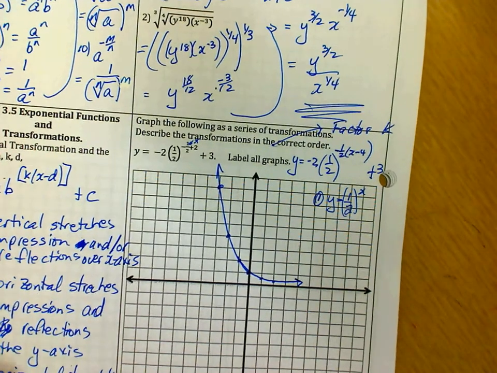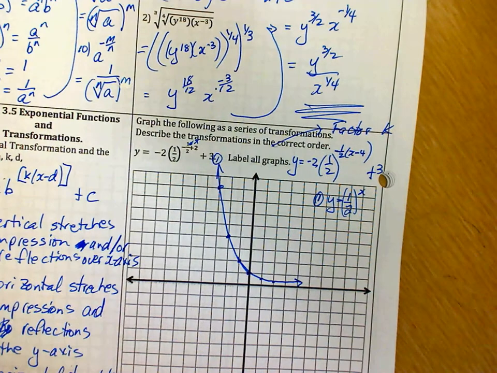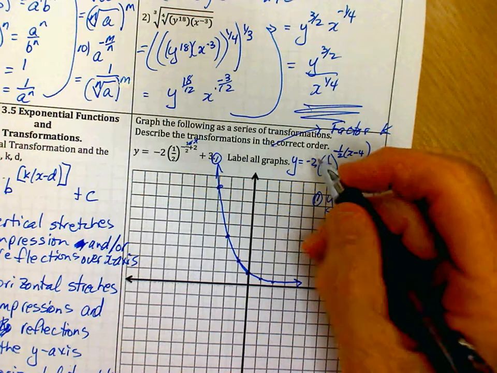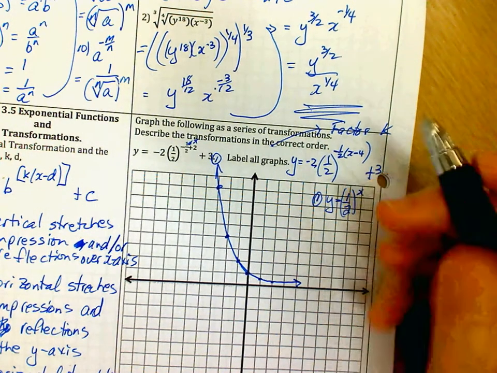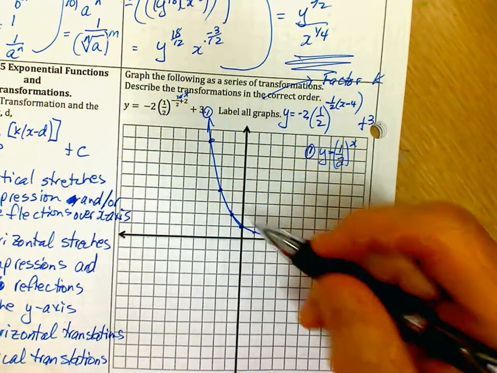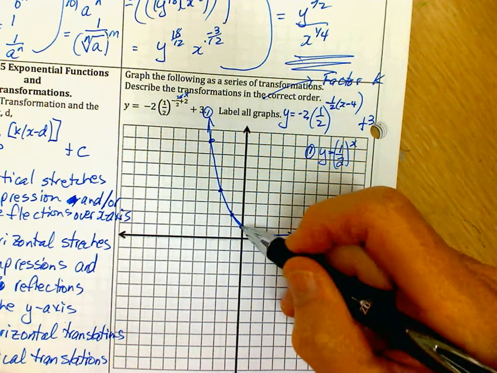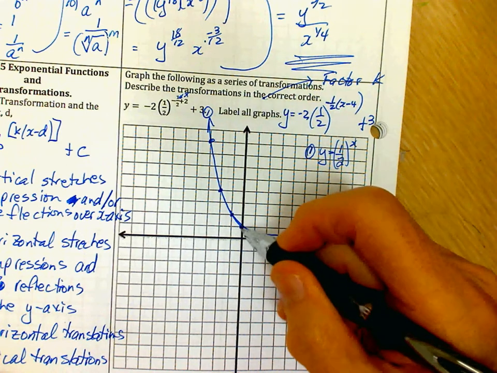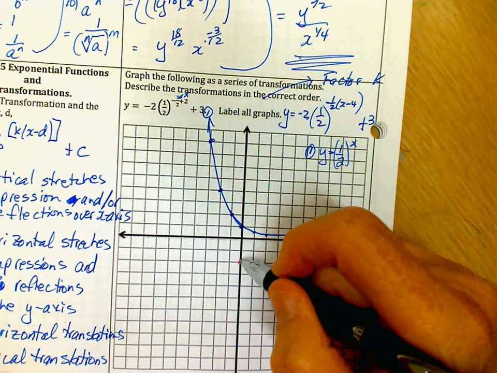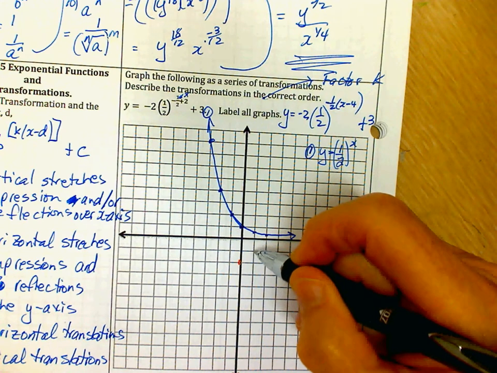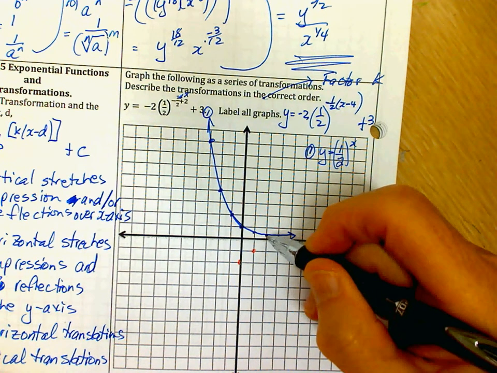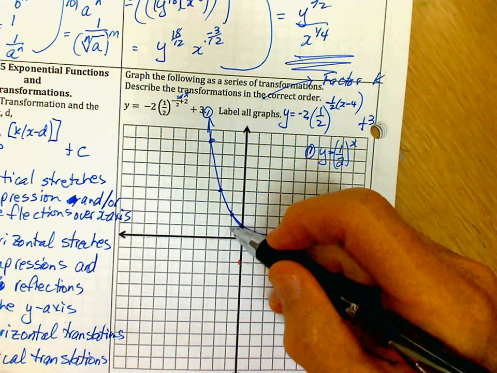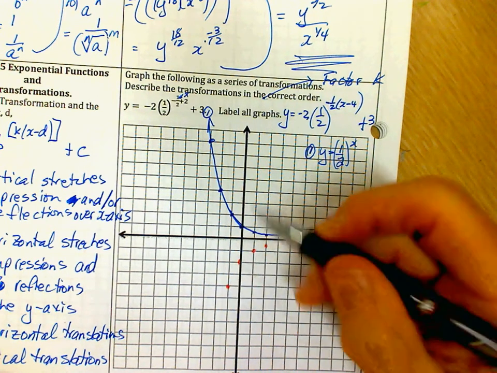That's number 1. Let's now handle the reflection in the x-axis because of that negative, and a vertical stretch by a factor of 2. So all the y values of this function will be multiplied by negative 2. 1 times negative 2 is negative 2. A half times negative 2 is negative 1. A quarter times negative 2 is negative a half. 2 times negative 2 is negative 4. 4 times negative 2 is negative 8.